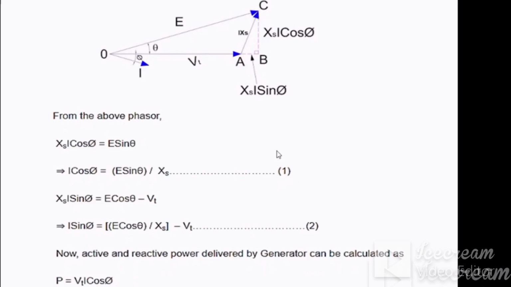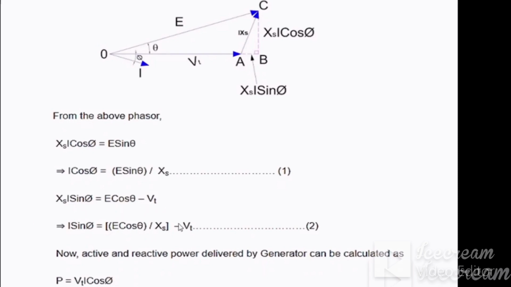This is what we have written here. Now next, Xs I sin phi can be written as E cos theta minus Vt. So your I sin phi can be written as (E cos theta minus Vt) by Xs.